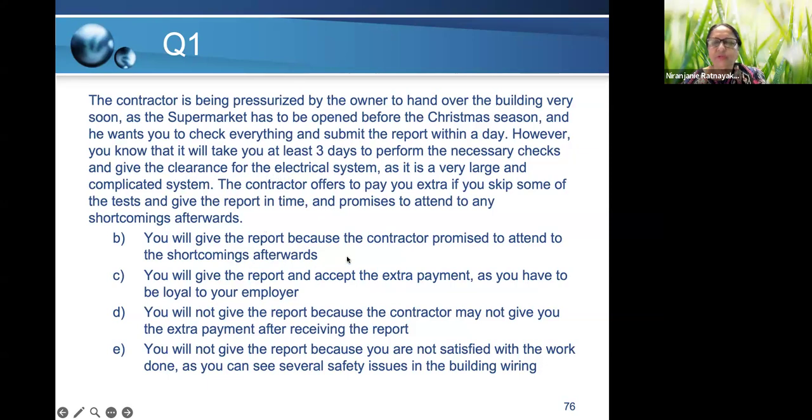You will give the report because the contractor promised to attend to the shortcomings afterwards. You will give the report and accept the extra payment, as you have to be loyal to your employer. You will not give the report because the contractor may not give you the extra payment after receiving the report. You will not give the report because you are not satisfied with the work done, as you can see several safety issues in the building wiring.